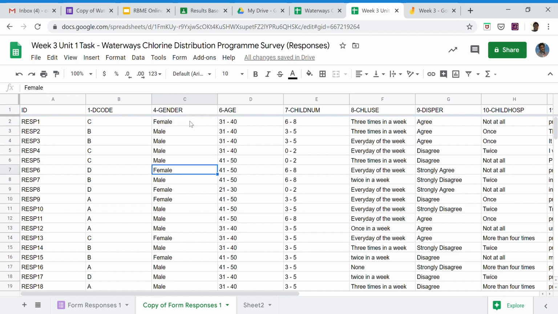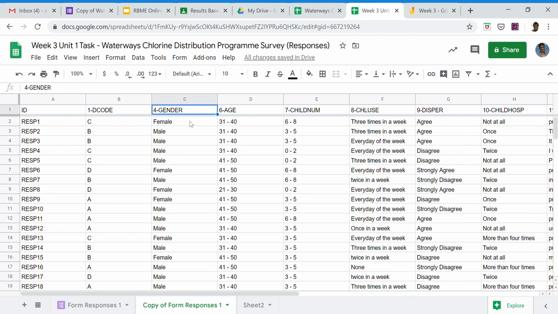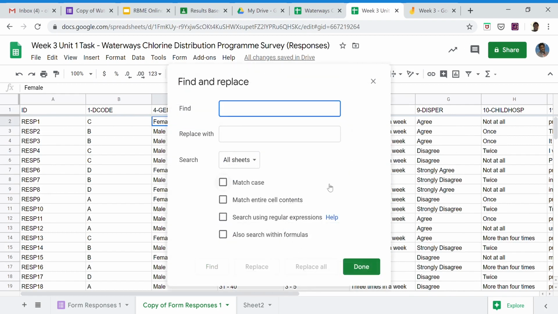Was that done? Let me take a look at it again. Find female, replace with 0. Match entire.